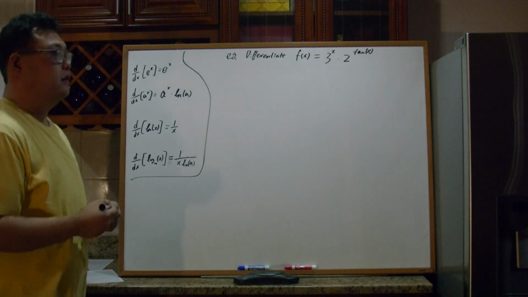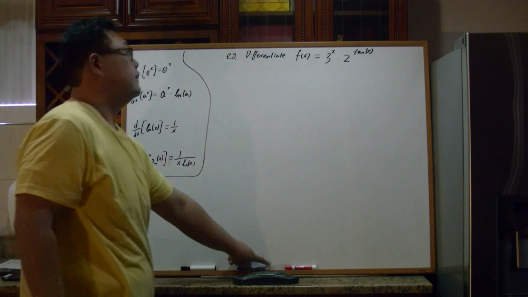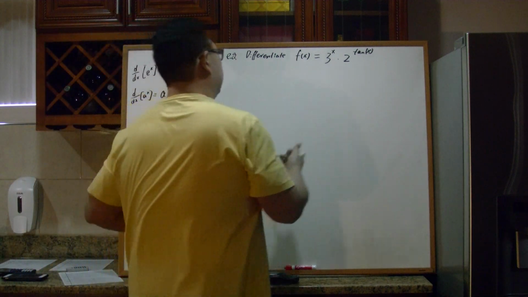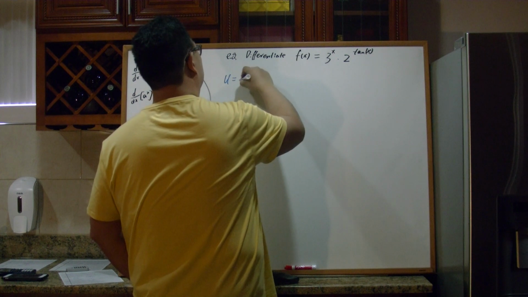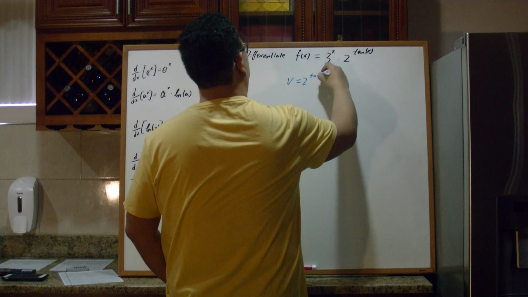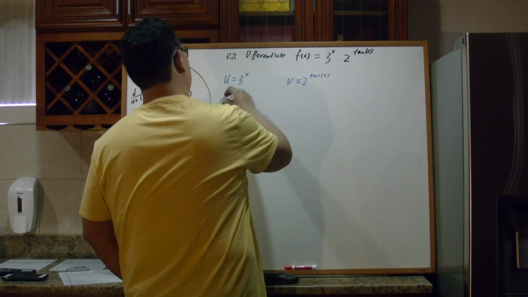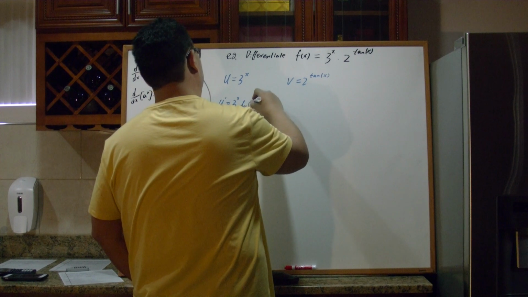That's the product of two different expressions, and the expressions have different bases. We're able to do them by identifying the u and the v. U prime is simply 3 to the x natural log of 3.